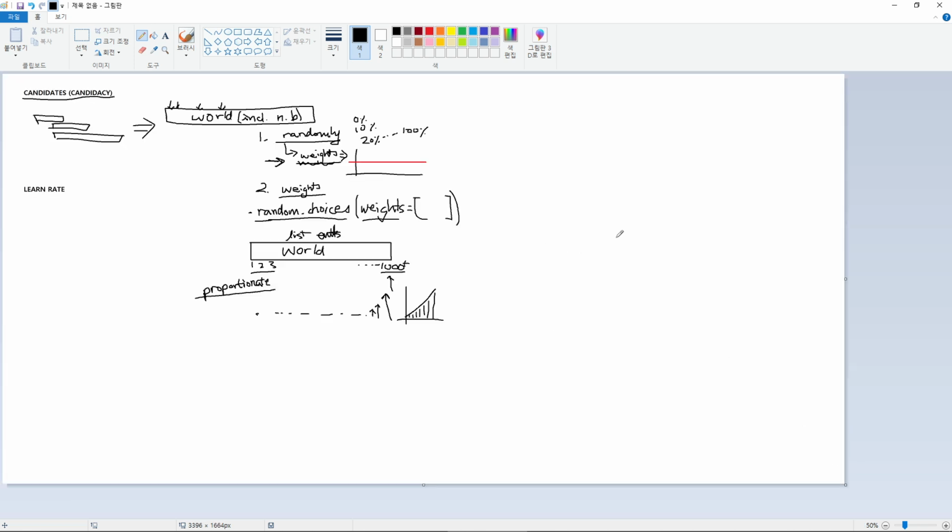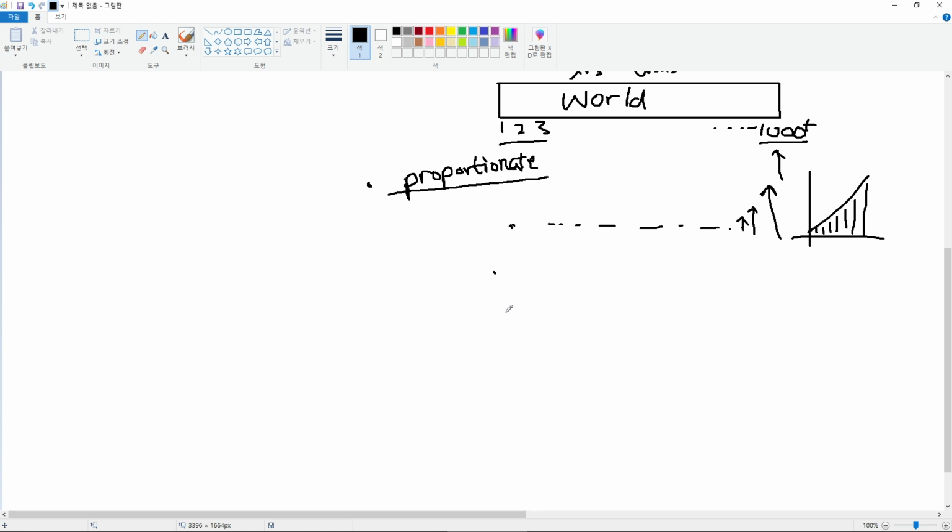And another way of doing this is ensuring that the head entity has the highest chance of being picked, and the second entity, with the second highest summed utility score, would have the second highest chance of being picked, and on and on and on.